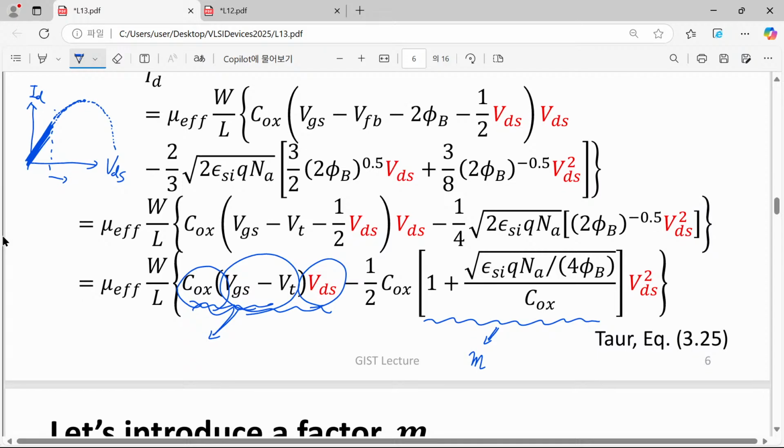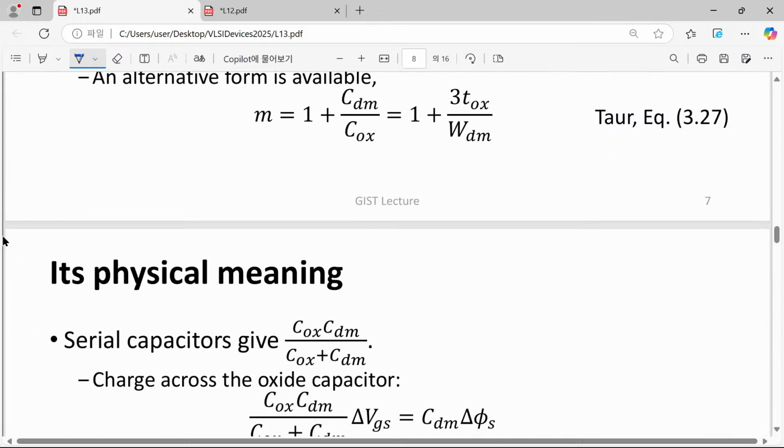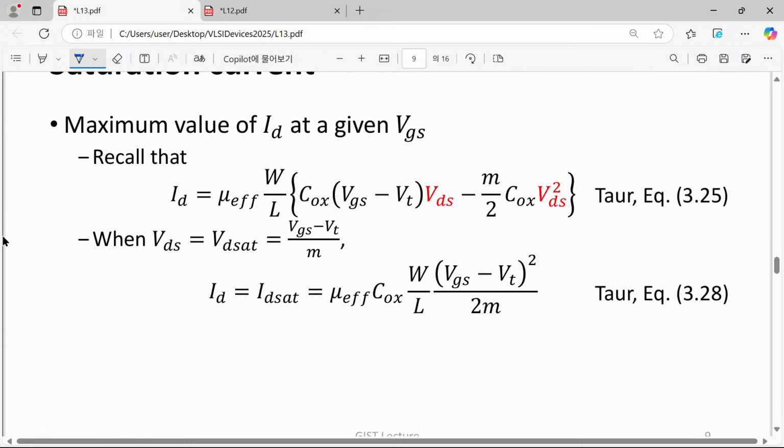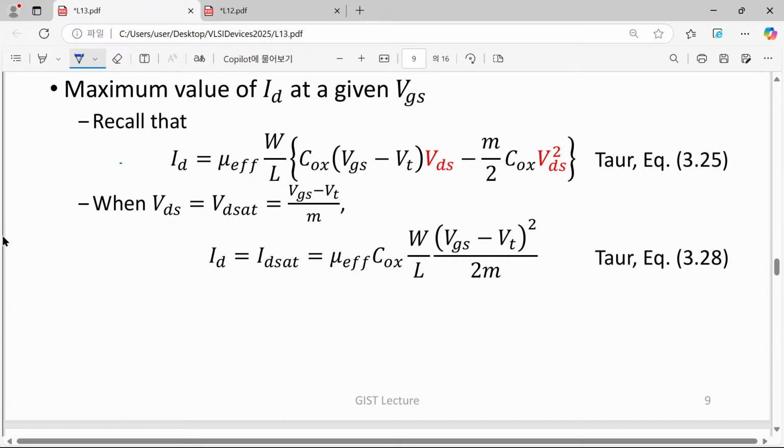If we draw this number m, then its form becomes quite much simplified. So yes, linear term, and here we have the second order term, and this is m over 2. This is the leading coefficient, and Cox VDS squared. That's it for our expression.